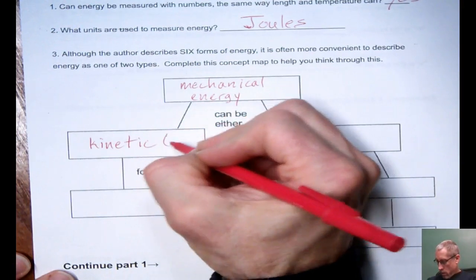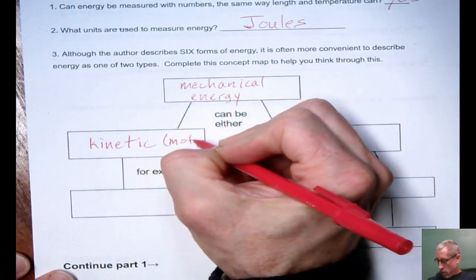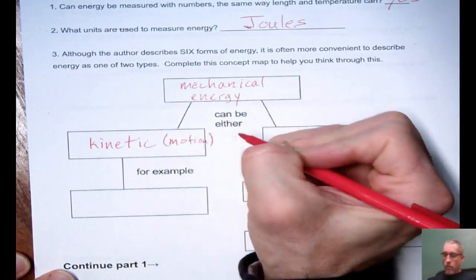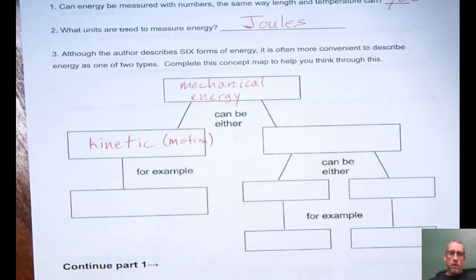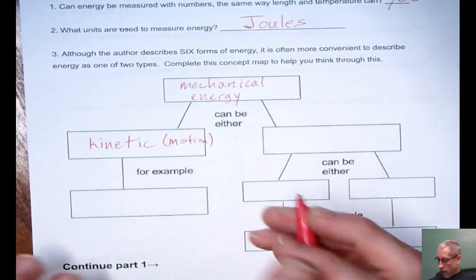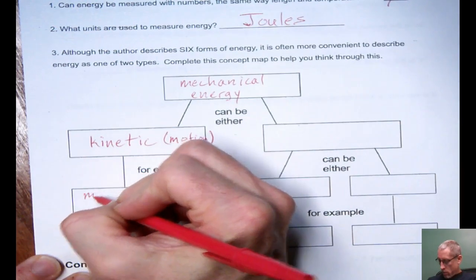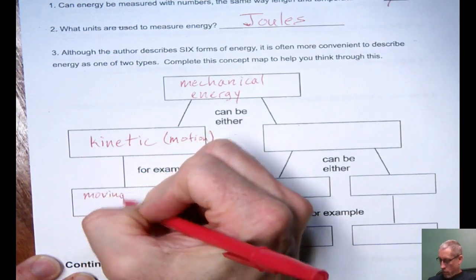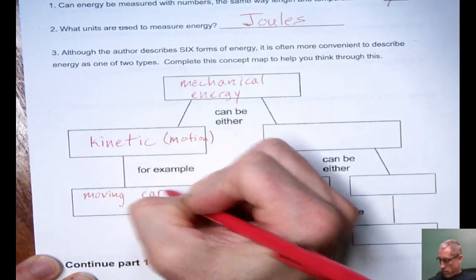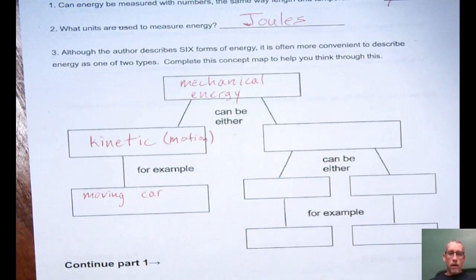Think of this as motion: anything that is moving possesses kinetic energy. A moving car has kinetic energy, and literally everything that is moving has some amount of kinetic energy.